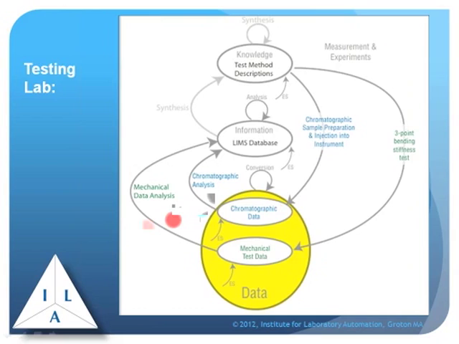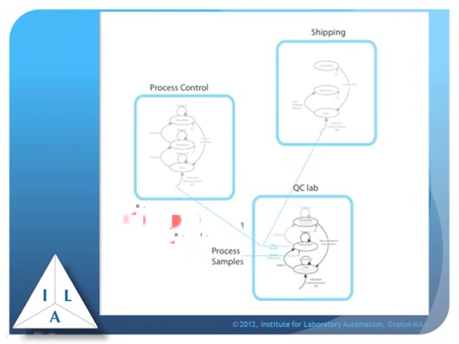We can also use these diagrams to show how things are working between different departments in the organization. For example, if you're dealing with a manufacturing organization, here we have a quality control laboratory that's doing testing work. The results go off to both process control and shipping.